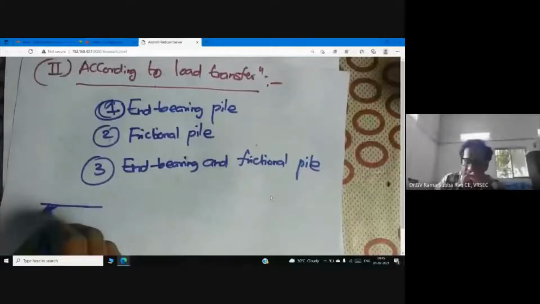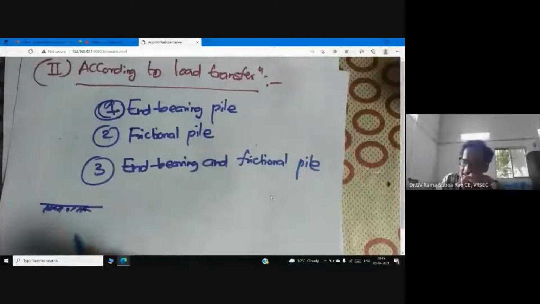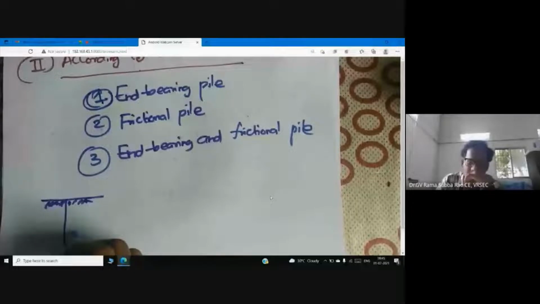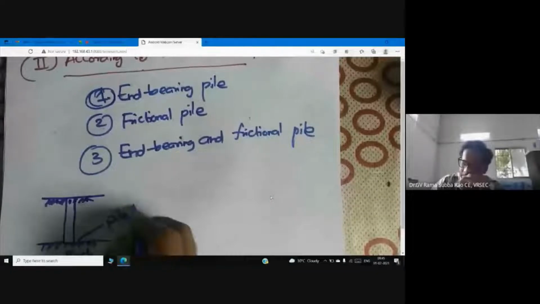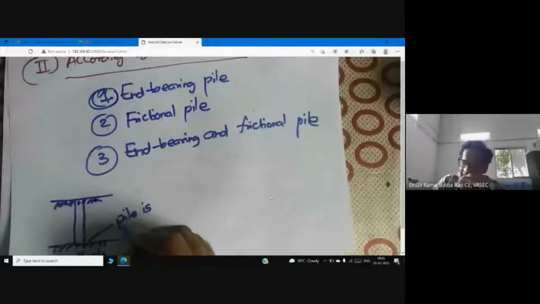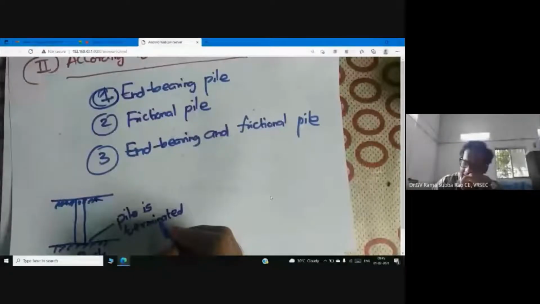Luckily, the pile constructed in this ground is terminated in hard soil, let me say rock. So this pile is terminated in rock. The end of the pile, you listen carefully, is not only resting on rock, it is socketed in rock actually.